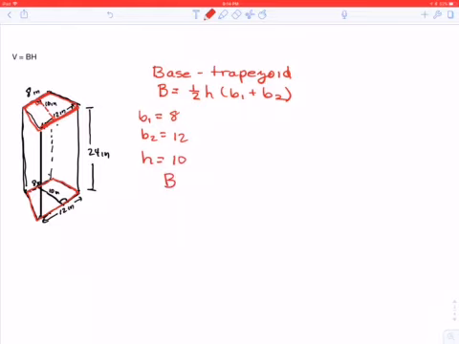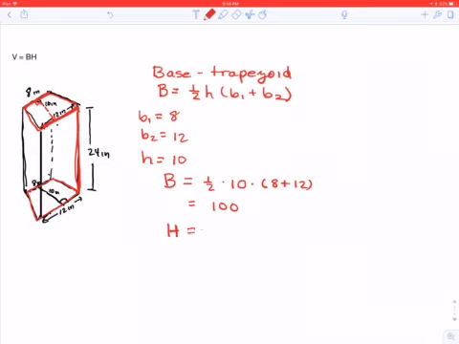So to find the capital B, or the area of that trapezoid, it's 1/2 times the height, which is 10, times the sum of the two bases, 8 plus 12. So I get 100.